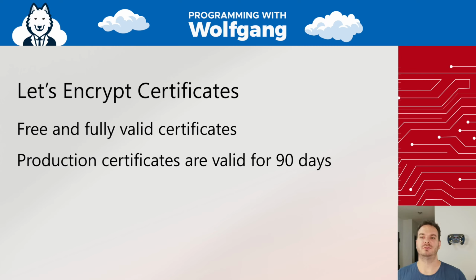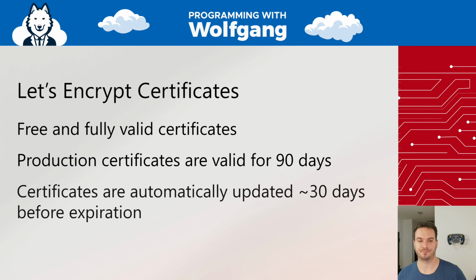But it's safer to have shorter lifespans for the certificates, and since everything is automated, they are restricted to 90 days. With the setup we are going to configure today, the Cert-Manager, the certificates will be updated or renewed automatically around 30 days before they expire. So we don't have to worry that from now on we have to update certificates all the time. Everything will be handled inside our Kubernetes cluster.